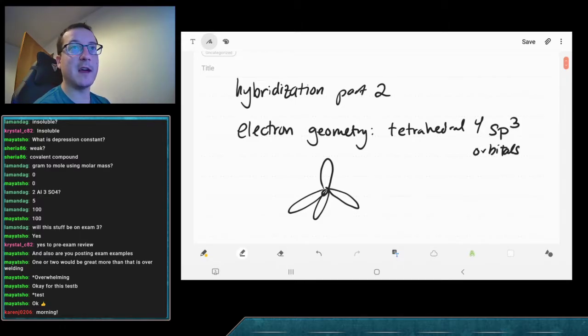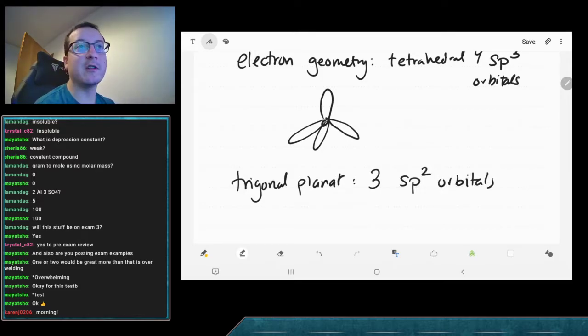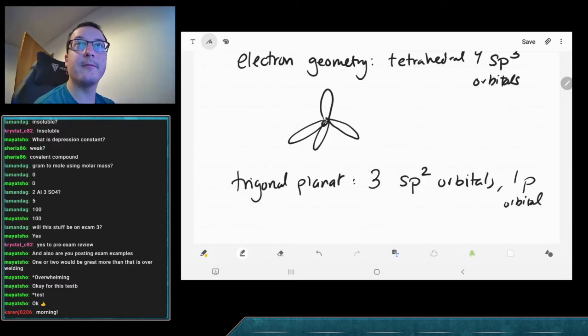It's not too bad. If you have 3 domains, you're going to have 3 hybrid orbitals and a p orbital left over.